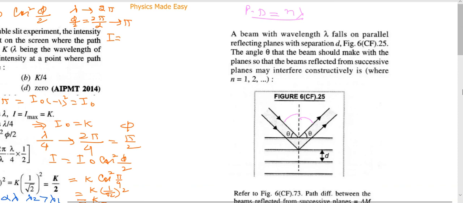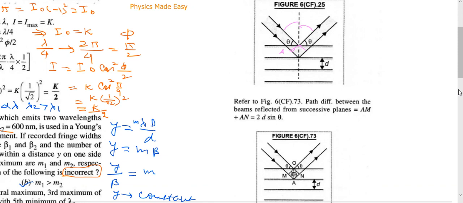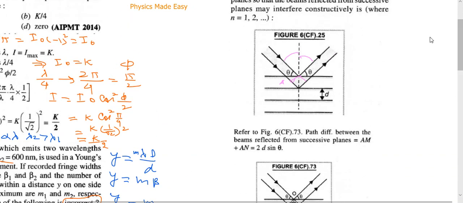In Bragg's law, this is the basic difference. From here, I will draw a perpendicular like this. From here, I will draw another perpendicular like this. This distance is given to be d. This angle is 90 degrees.